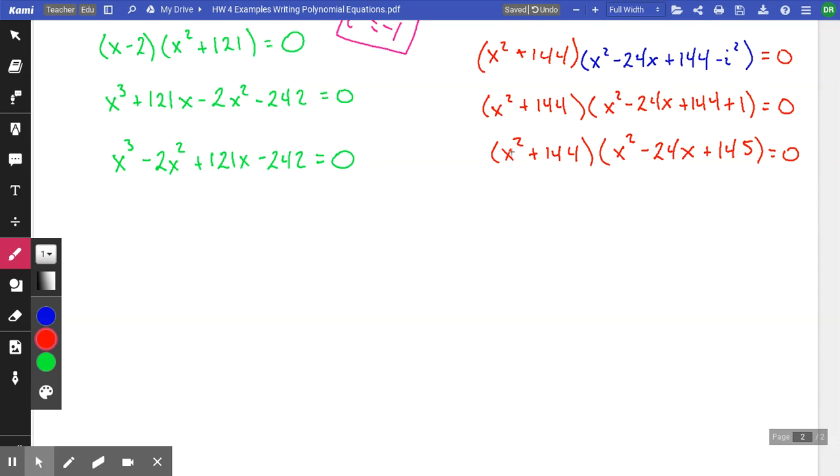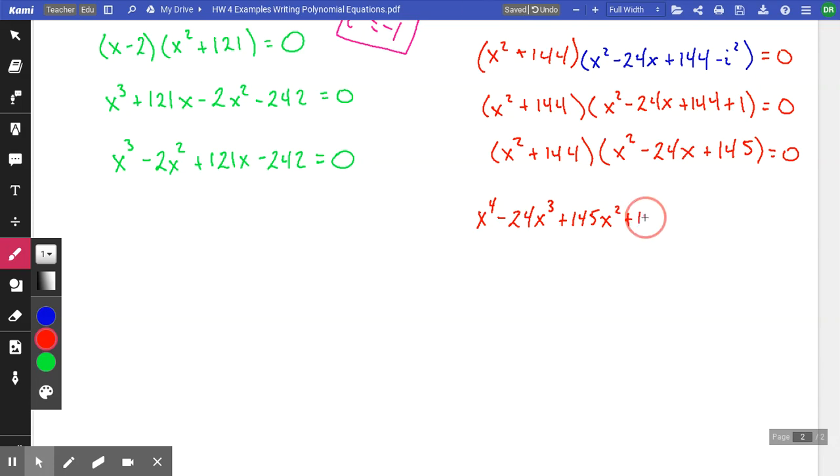So start at the beginning. x squared multiplies over. x squared times x squared is x to the fourth. x squared times negative 24x is negative 24x cubed. x squared times 145 is 145x squared. Now we take 144 and multiply it.